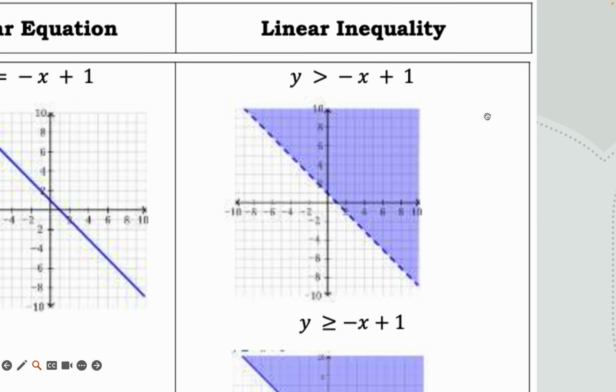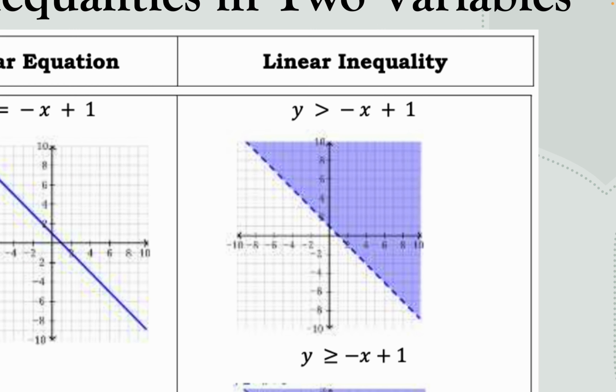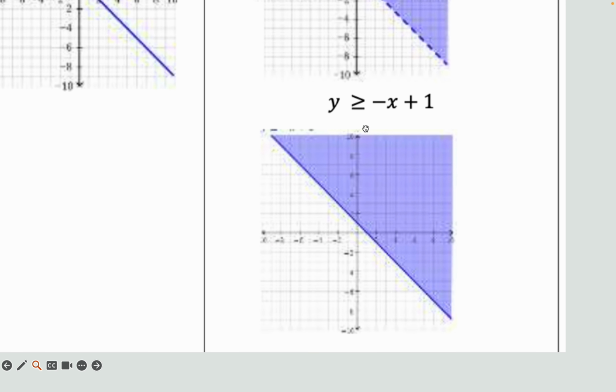While in the linear inequality, these are the forms we create in a Cartesian plane. So y is greater than negative x plus 1. We have a plane or half plane, a shaded region. That means the points over here are considered true based on the linear inequality. Next, y is greater than or equal to negative x plus 1.